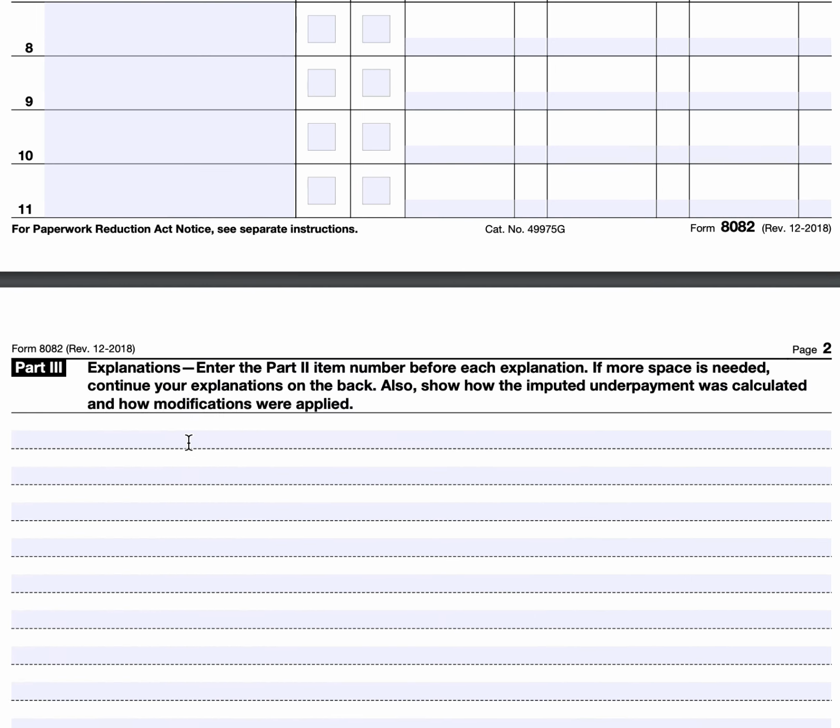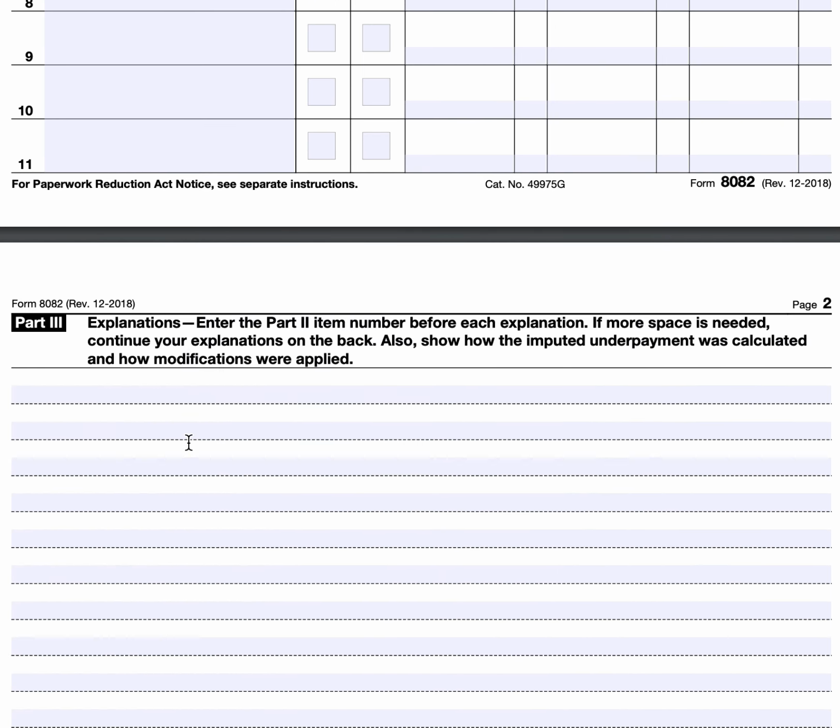And then part three, which we will not go into in much depth, is the explanations, basically the written narrative that the taxpayer can use to provide the IRS their rationale of why the reporting was inconsistent or why they're requesting the AAR.